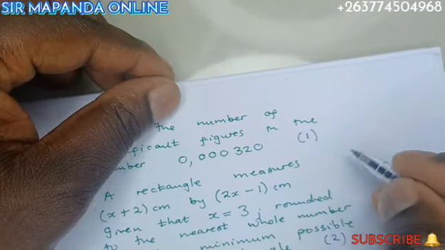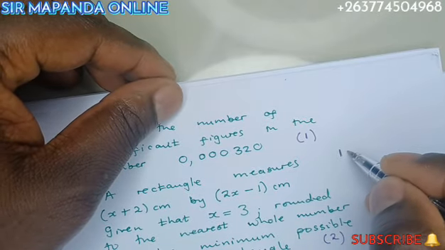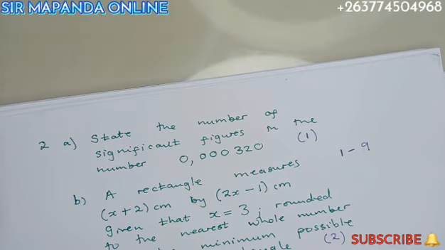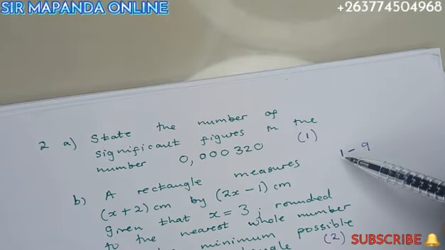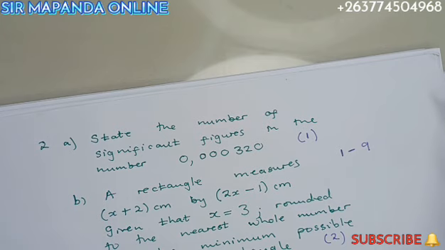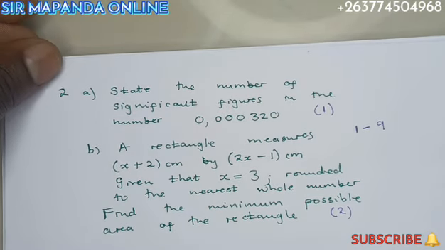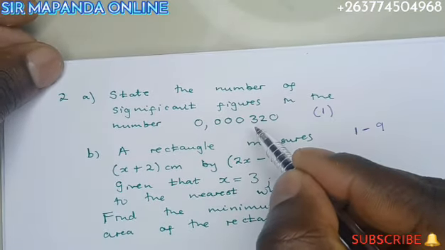Ma-significant figures ma-numbers anenge achitangira pana 1 kusvika pana 9. So any zero which appears before number iri pakati pa 1 na 9, we do not consider that zero as a significant figure. So significant figure yekutanga ichatanga kubatika pana 3.